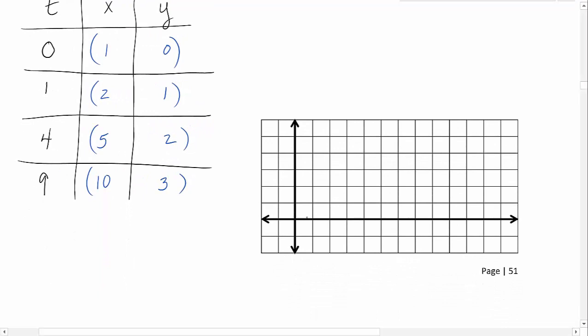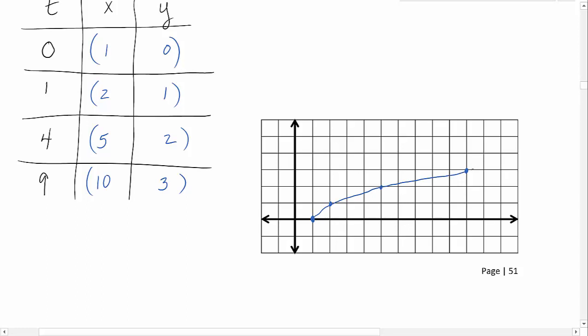First up, 1, 0, 2, 1, 5, 2, and 10, 3. We want to draw in our curve in increasing order of t, so we're starting here at 1, 0.